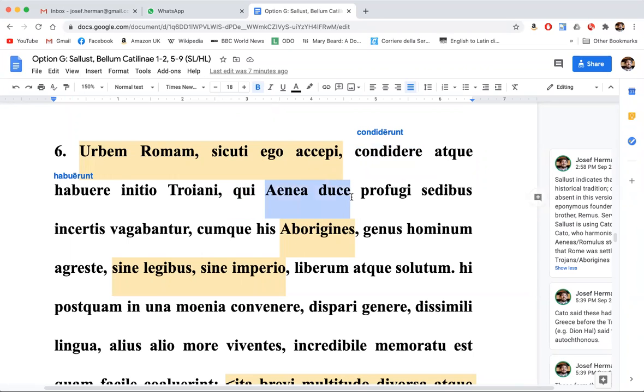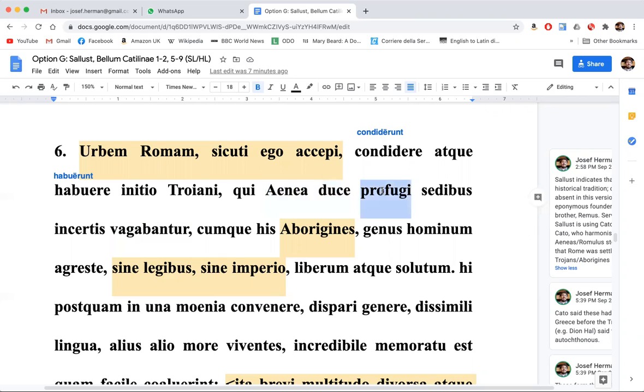And then we have this ablative phrase, Aenea duce, literally with Aeneas leader. Right? Aenea is the ablative of Aeneas, and duce is the ablative of dux. So with Aeneas as their leader. And then the verb is vagabantur, were wandering. That's a deponent verb in the imperfect tense. Were wandering.